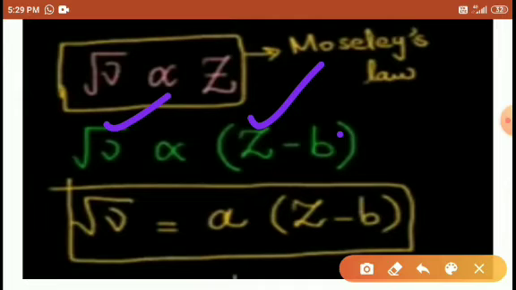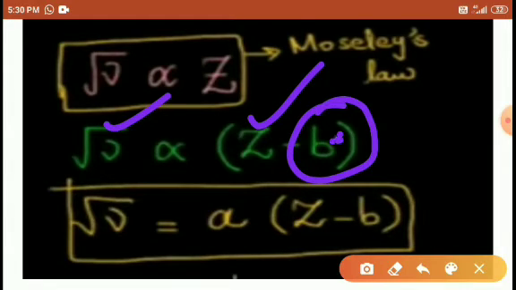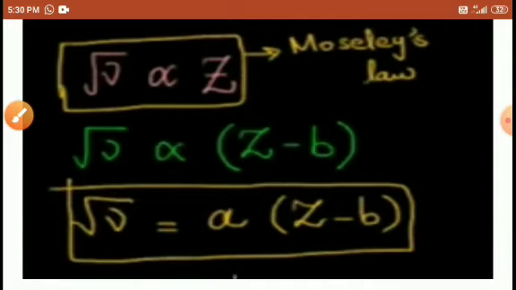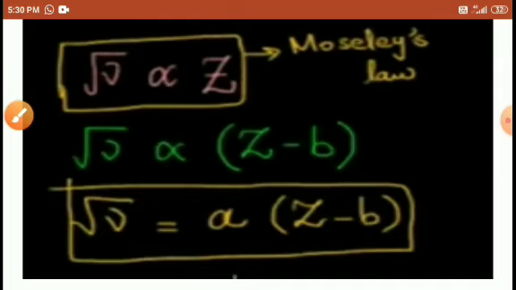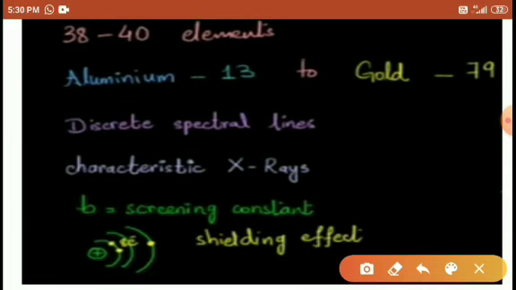What is B, students? Different elements emit different frequencies and have different screening and shielding effects, and that screening and shielding effect is indicated by B. So the proportional quantity is taken as A, then Z minus B. He found it like this.